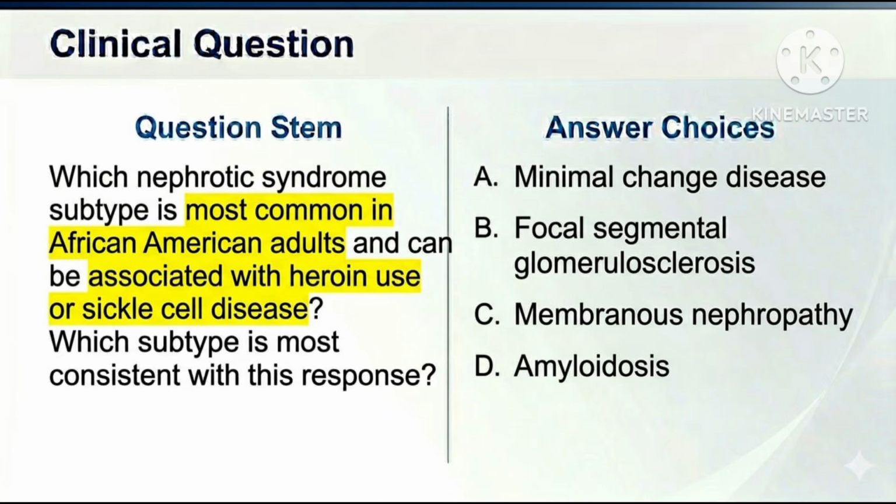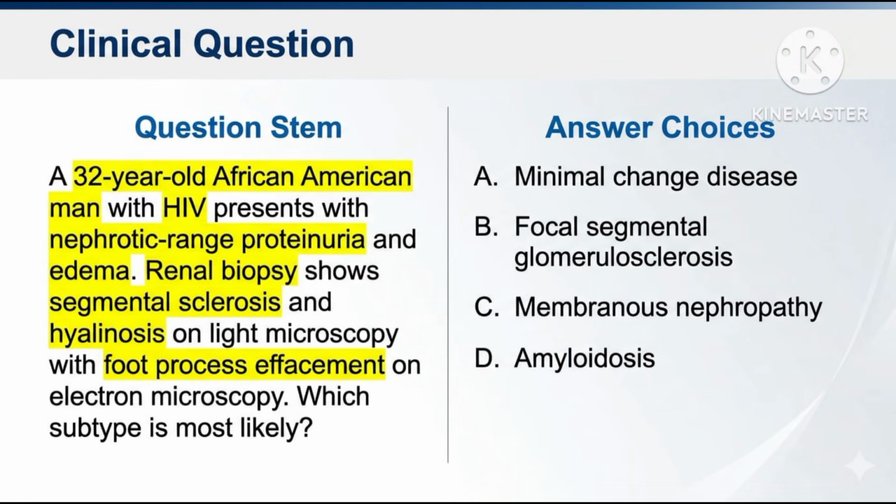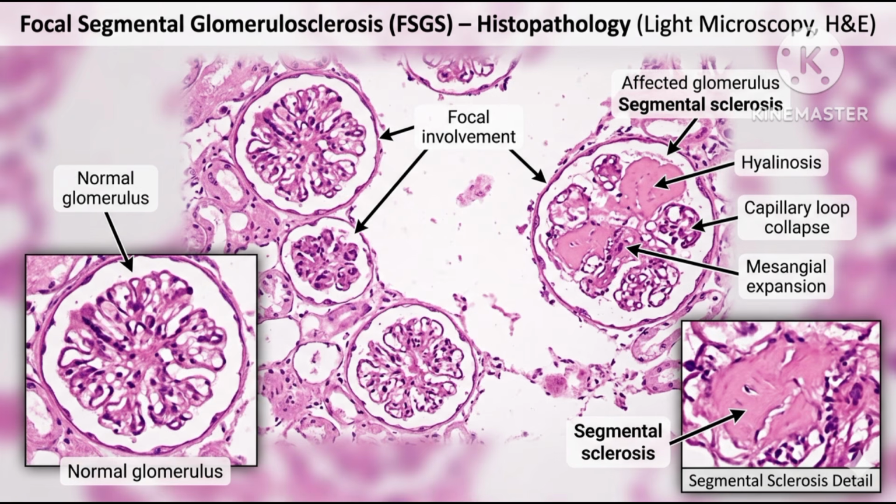Read the question stem. Which nephrotic syndrome subtype is most common in African American adults and can be associated with heroin use or sickle cell disease? It's FSGS. Read the question stem. A 32-year-old African American man with HIV presents with nephrotic range proteinuria and edema.